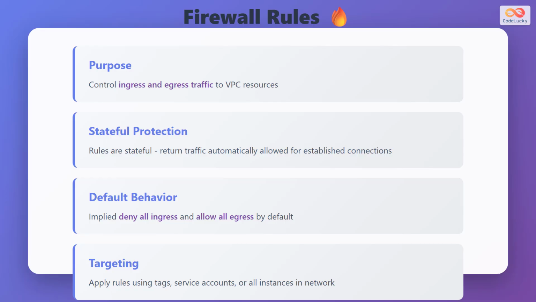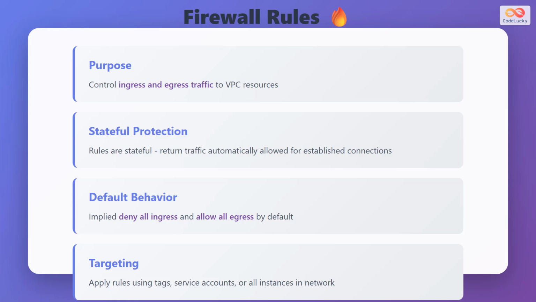Firewall rules are your first line of defense in securing your VPC resources. They control both ingress traffic, which is incoming traffic, and egress traffic, which is outgoing traffic to and from your virtual machines. One important characteristic of GCP firewall rules is that they are stateful, meaning if you allow a connection in one direction, the return traffic is automatically permitted.